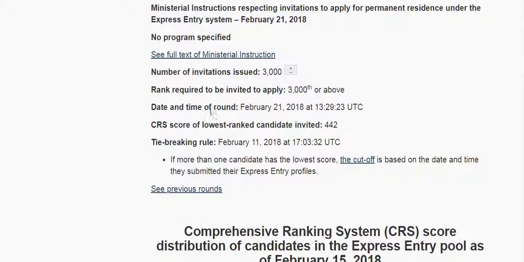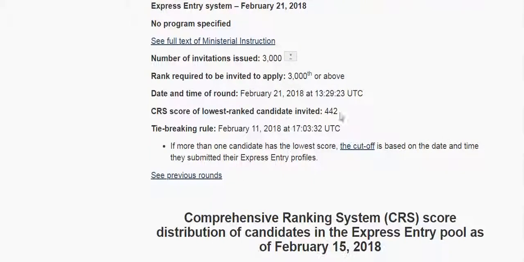The date of round was 21st February 2018. Now the score that the lowest ranked candidate was invited was 442. Means 442 is the cutoff of the Express Entry pool system of the latest draw that has been conducted by the Canadian government.